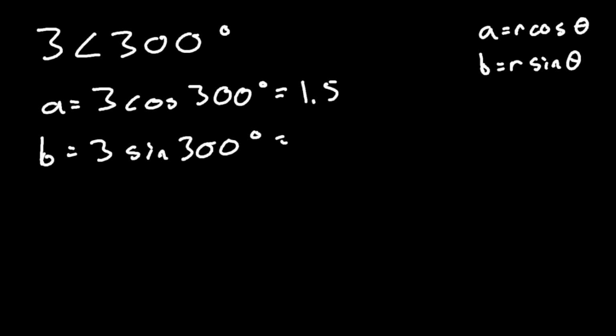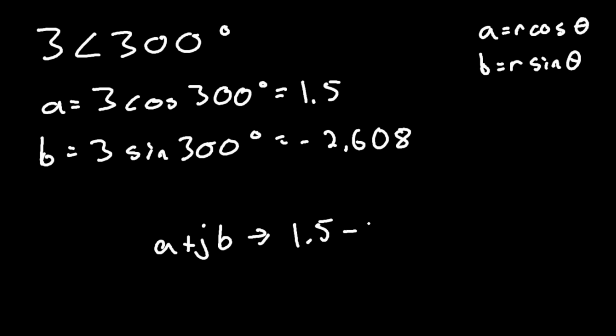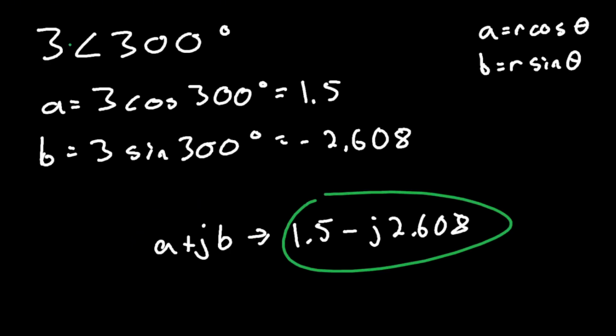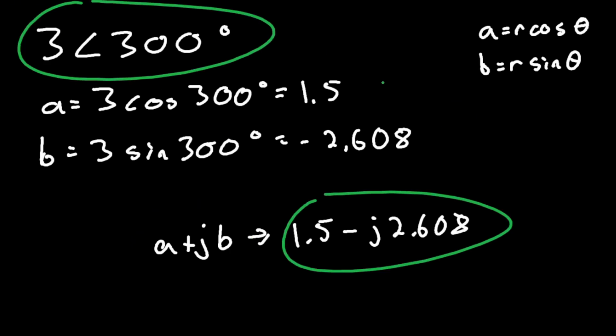So you have 1.5 here, and you have negative 2.6 here. Negative 2.68 if you want to be exact. So a is 1.5, b is negative 2.68. So you have the format a plus jb for a complex number. So you simply have 1.5 minus j 2.68. So this guy right here and this polar coordinate are both equal to each other.